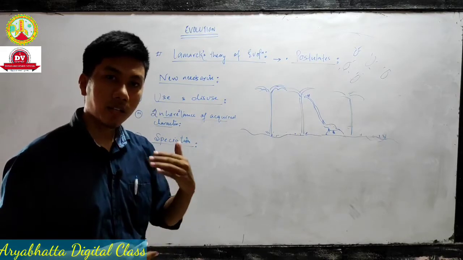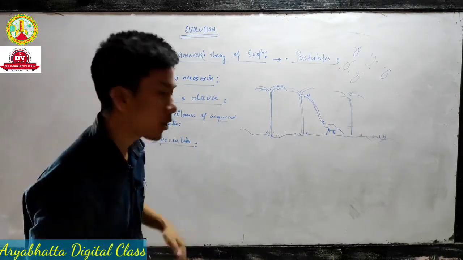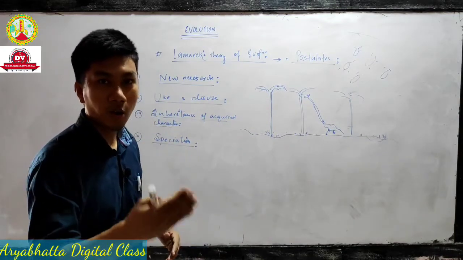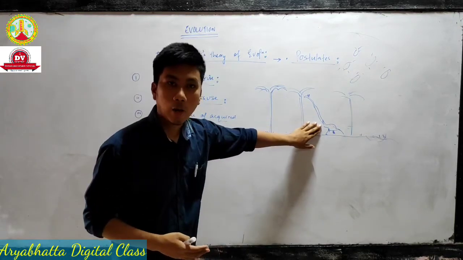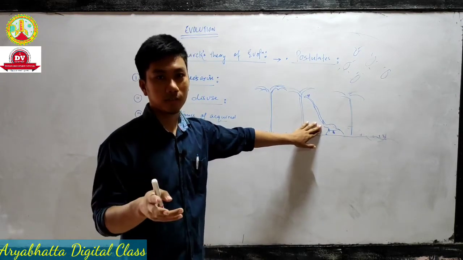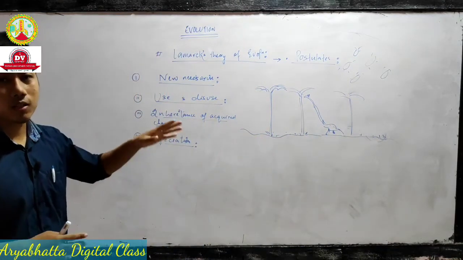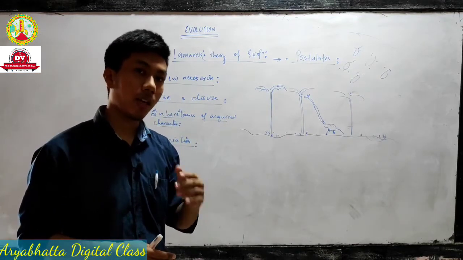So that is the character that was acquired, and that character is passed to the next generation. So, inheritance of acquired character. In the next generation, the offspring is born with a long neck, not with a small neck. So a new species has been formed: speciation. Okay, so that is Lamarck's postulation, but still there is an exception.